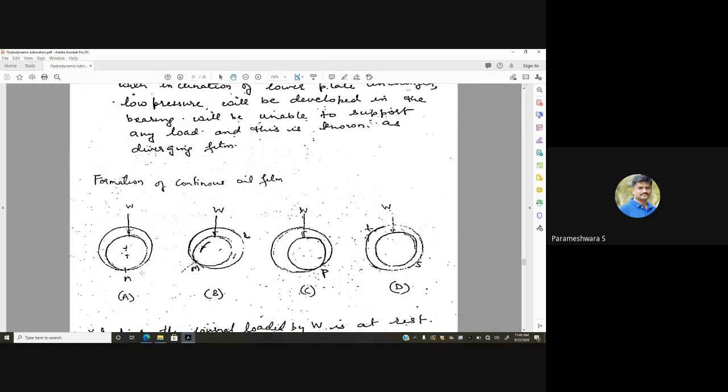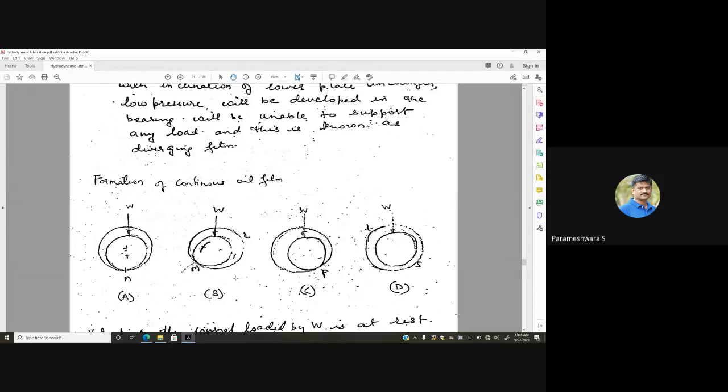As the journal starts rotating slowly, it tends to roll up the bearing surface due to friction between the surfaces, so the point of contact moves to position M. In this position, the continuous oil film consists of two parts: the part above line ML is the converging part, and the part below line ML is the diverging part.